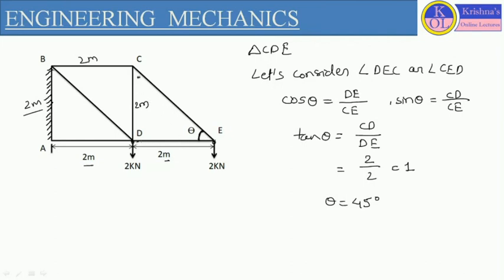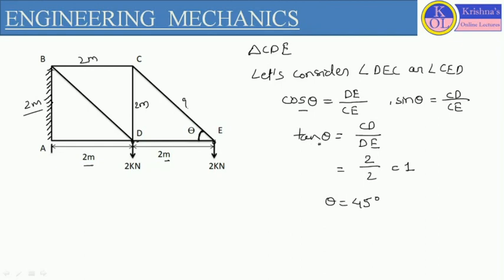With the help of this triangle CDE, we can define the value of theta. If we define theta in terms of cos theta, it will be DE by CE. But CE is not known, we don't have this value, so we cannot define it in terms of cos theta. Similarly, sin theta will be CD by CE, and here CD is again an unknown value.